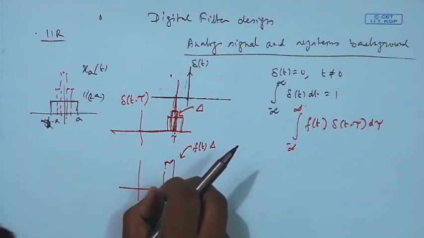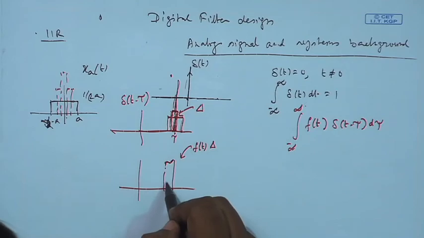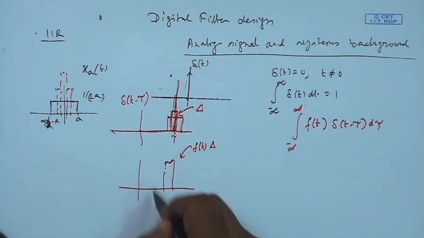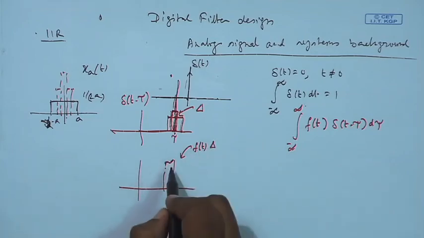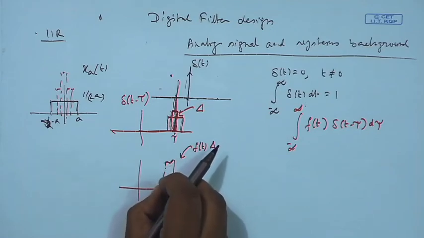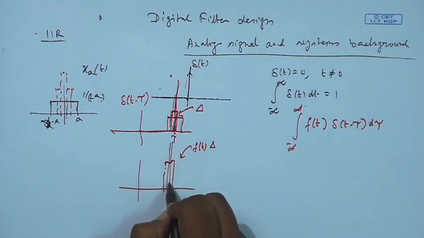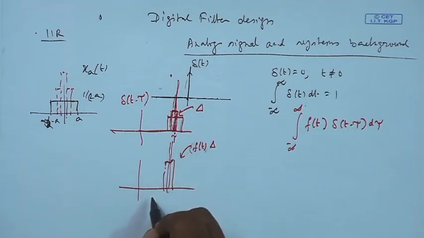And then as this capital delta becomes close to 0, it shoots up. If you still consider the area under this, it will be so narrow. If f t is not present, area will remain 1.